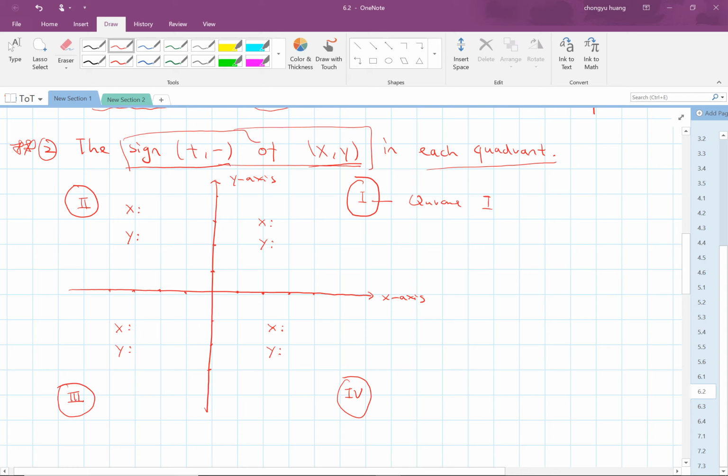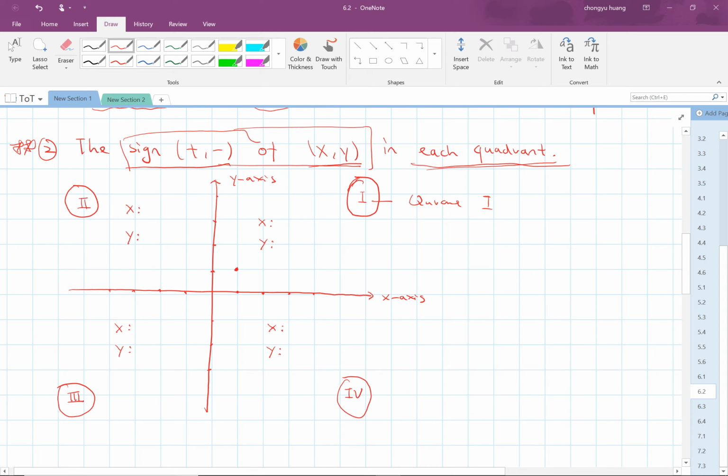An easy way to show whether the sign is positive or negative for a point in each quadrant is to plot the graph, just put a point in that quadrant. That will make things easy. So let's talk about the first quadrant.